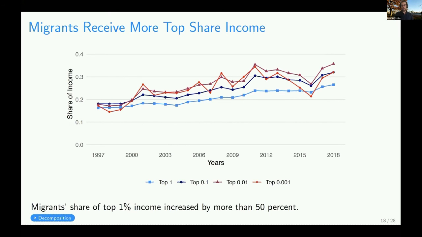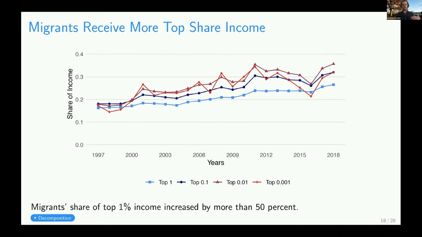In the paper, we decompose this trend to try to understand whether this increase is coming from an increase in the number of migrants as opposed to an increase in the average income of migrants relative to natives.